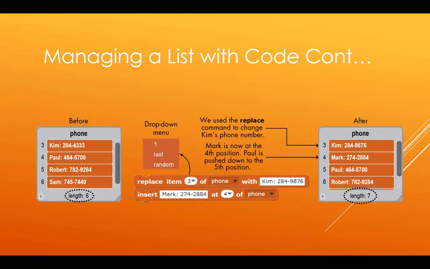So we'll add a replace block at the bottom, and we can say replace item 3 with peach. And then we're going to do an insert. Okay, let's say insert banana at number 2.